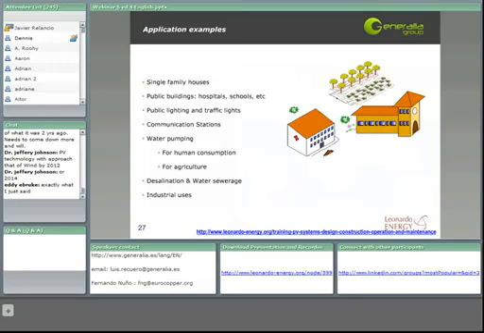Then we can get water pumping examples, which are very, very profitable for renewable energy supplying. And finally, we can get to desalination and water sewerage, and even industrial uses with the new types of inverters that can get to high power.